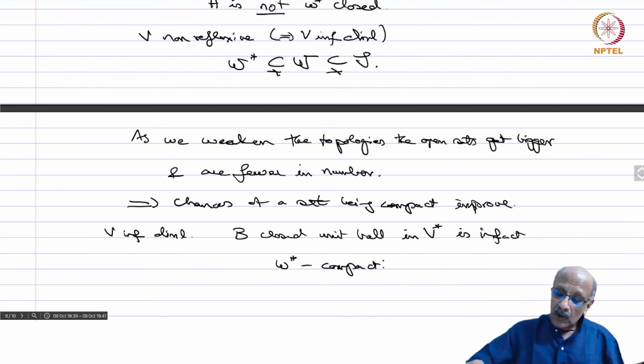It is not compact in the weak topology either if the topologies are different, but it is compact in the weak star topology. So, you see, by impoverishing our topologies, we increase the chances of getting compact sets, and compact sets means convergence. If you have sequences, nets and so on, you will have convergent subsequences and so on, and therefore that is important. So, this is a very big landmark theorem in the weak topology chapter, which we will next prove.